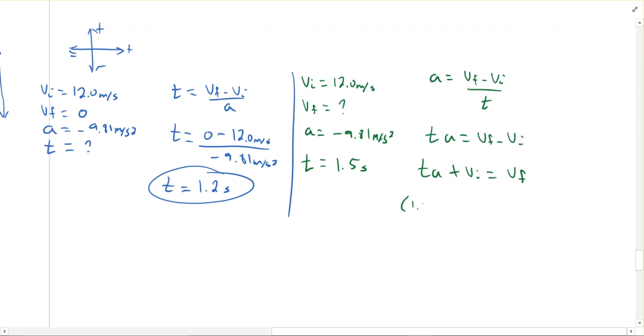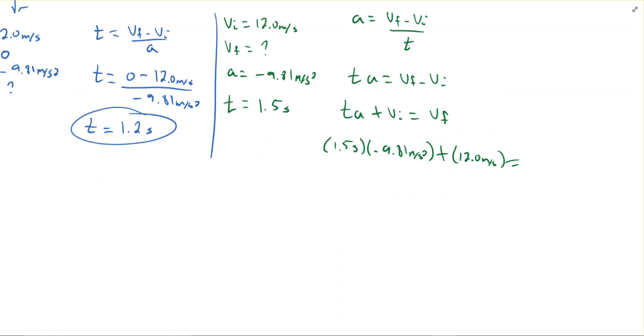So we got 1.5 seconds times negative 9.81 meters per second squared, plus our initial velocity was 12 meters per second. And that's going to be equal to VF there, and then equals negative 2.7 is what VF is.